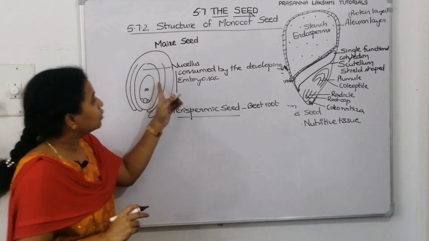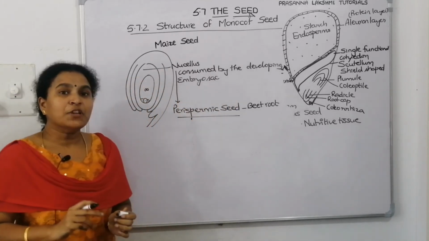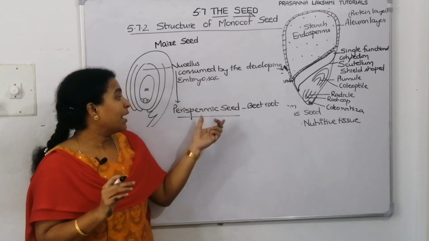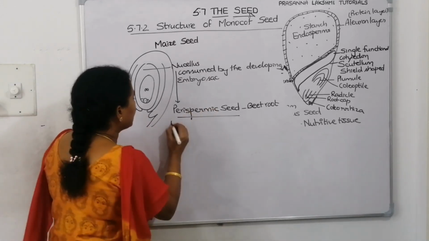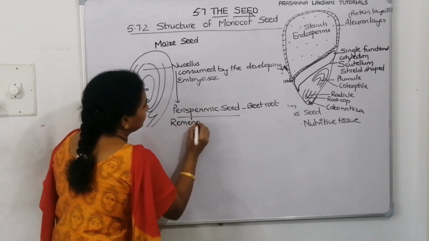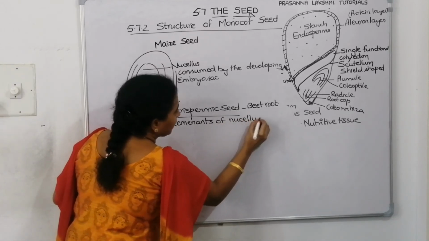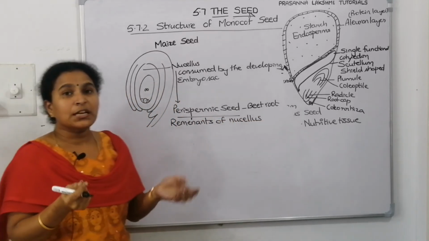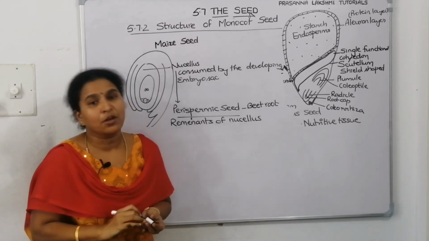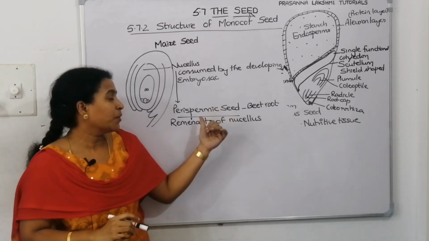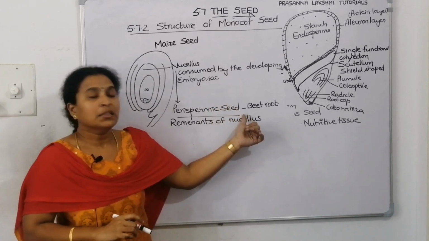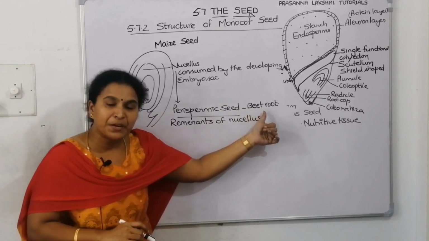If the nucellus is not consumed and the remnants of the nucellus are still there, it is called perisperm. Then the seeds are called perispermic seeds. The example for perispermic seed is beetroot.